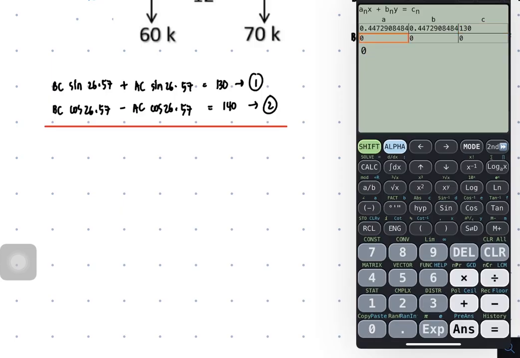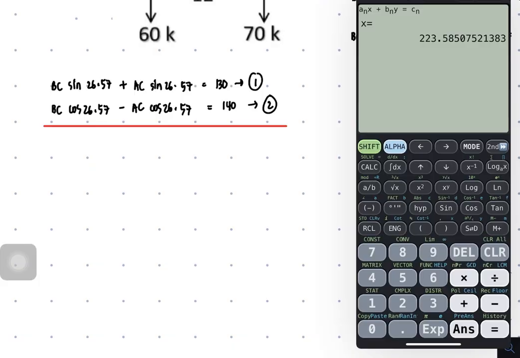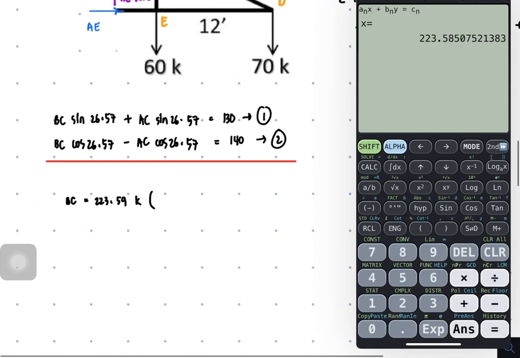Second equation, cosine 26.57, and then negative cosine 26.57, and the constant is 140. So you will have BC, and that's equal to 223.59 kips, and we obtain a positive value. Our assumption for BC was tension. It's correct.